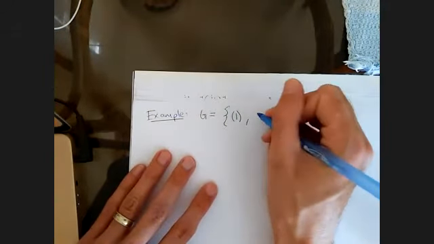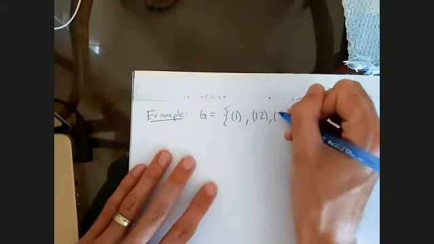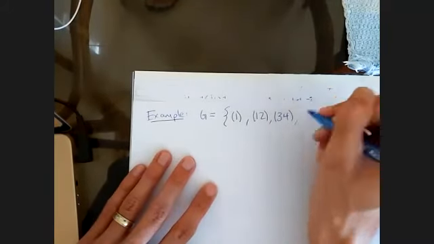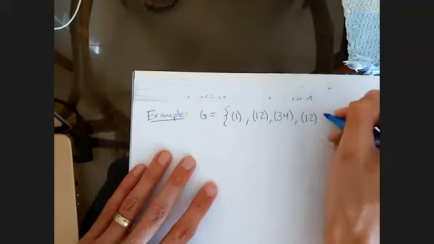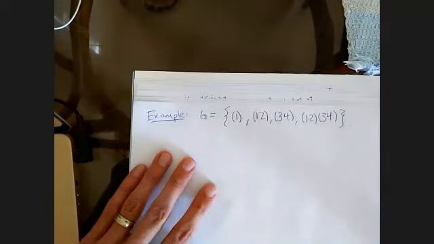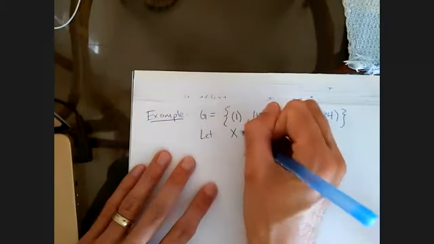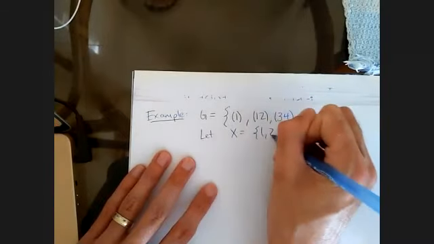It's going to have the identity permutation, the transposition (1 2), the transposition (3 4), and the product (1 2)(3 4). And we'll take X to be {1, 2, 3, 4}.